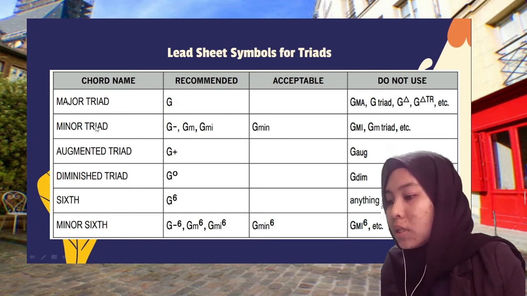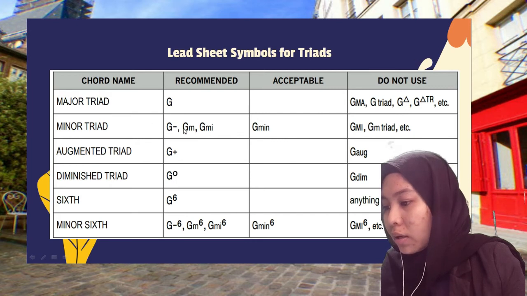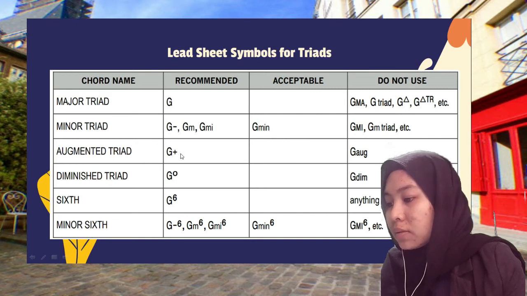And then the next one is minor. You can use this dash or the minus symbol to represent the minor, right? And then for the augmented, we use the plus symbol.